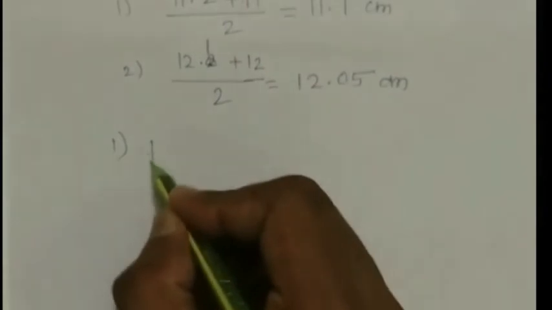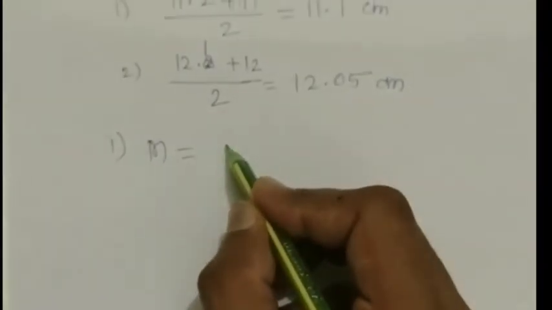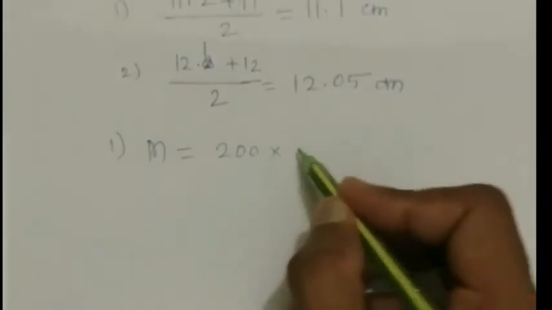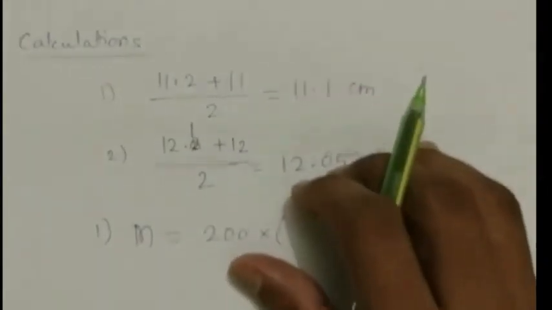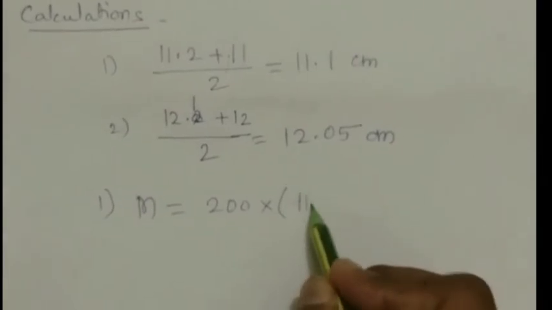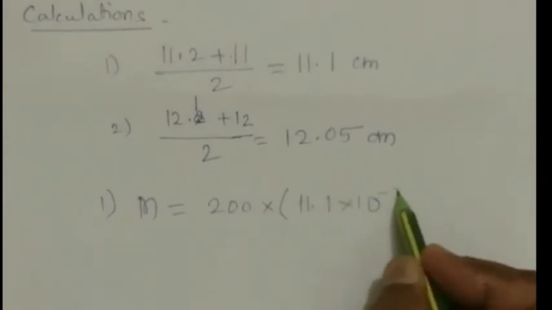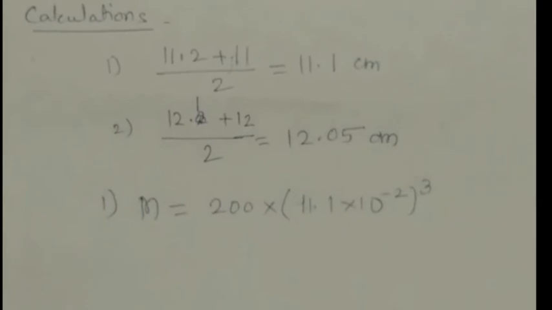Now we will solve for case 1. M is equal to 200 into d cube. Here d is 11.1 centimeter, so I will write 11.1 into 10 to the power minus 2, bracket cube.